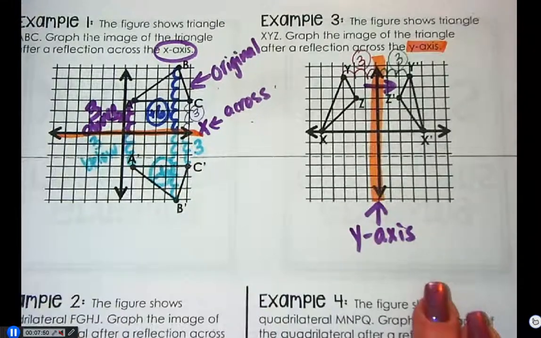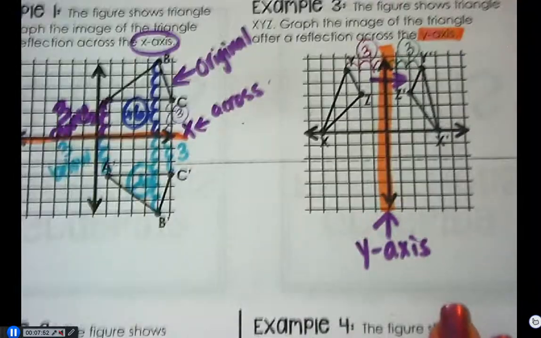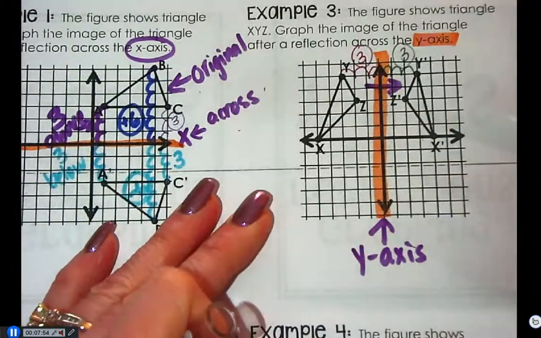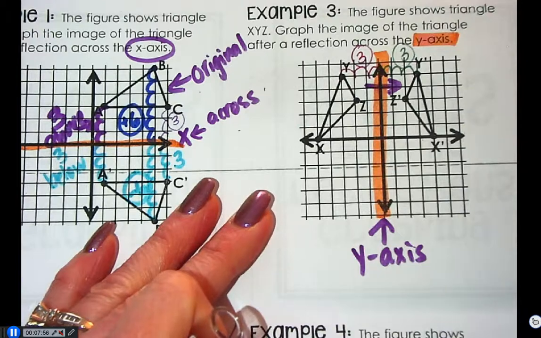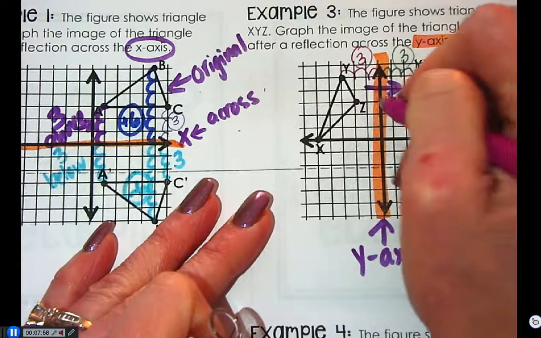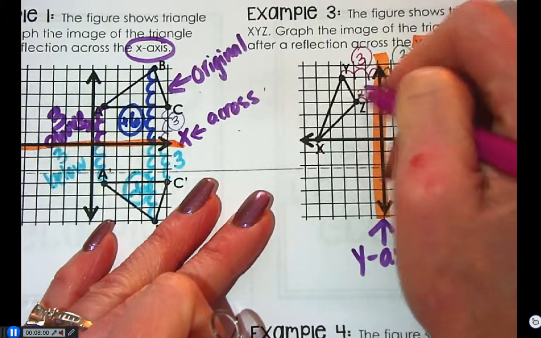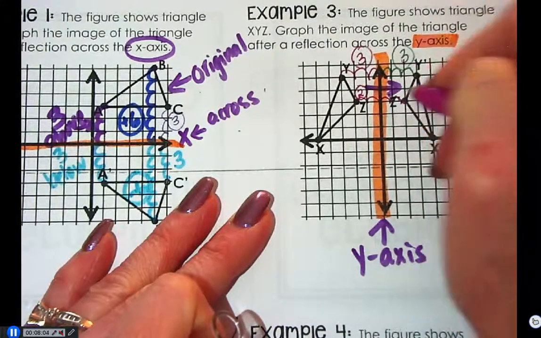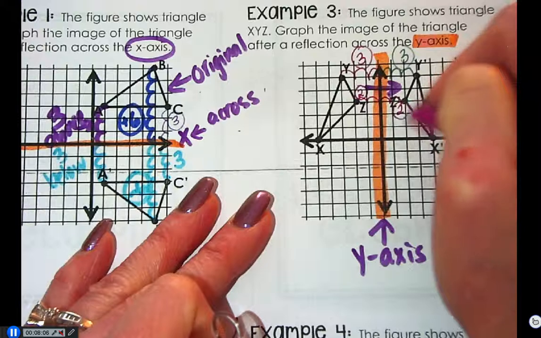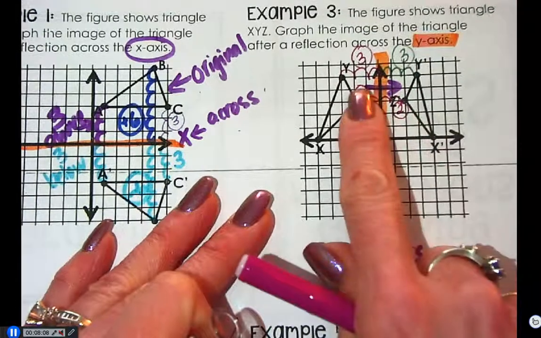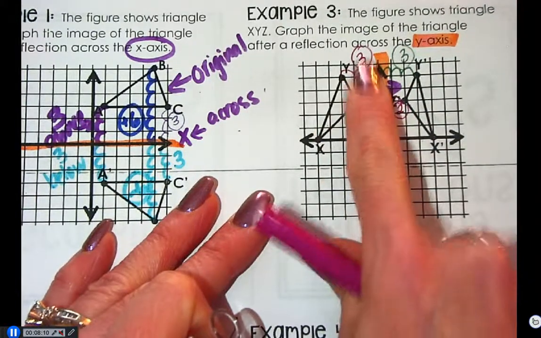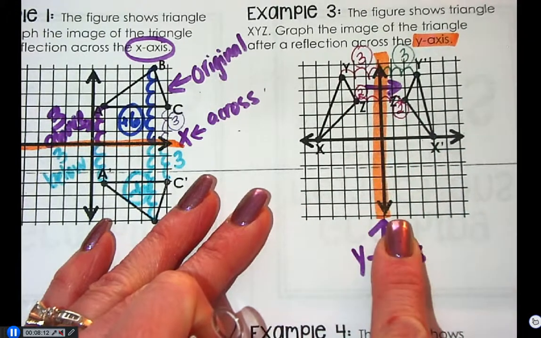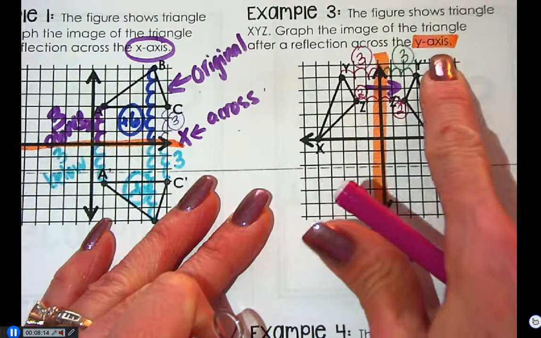And then you do the same thing with Z. Z was 2 places to the left, right? So Z prime is going to be 2 places to the right. So you're just looking at the distance it is from the y because you're reflecting over the y.